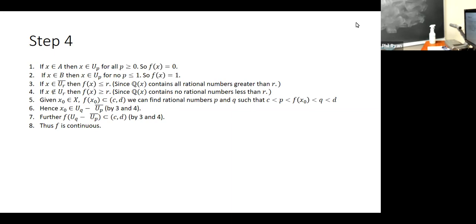Here is where we need the denseness of Q. We can find rational numbers p and q such that f of x_0 is between p and q. And so by these two statements, x_0 itself has to be in U_q minus the closure of U_p.